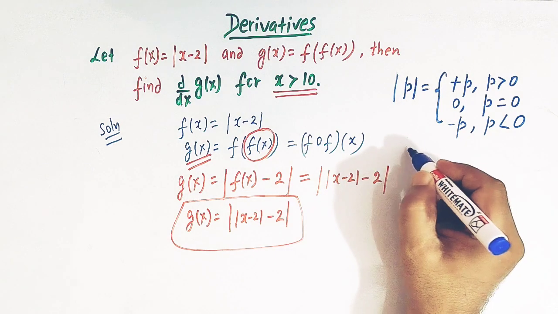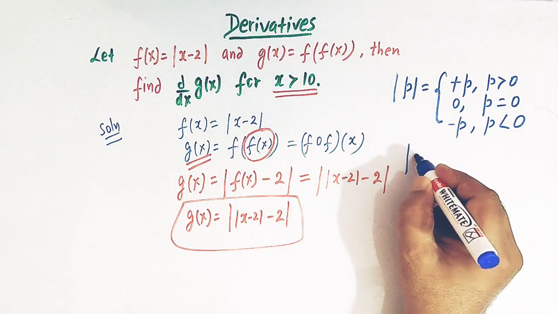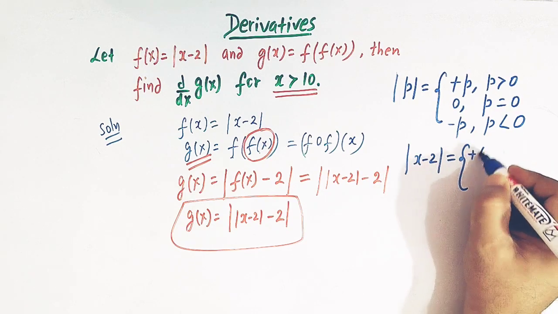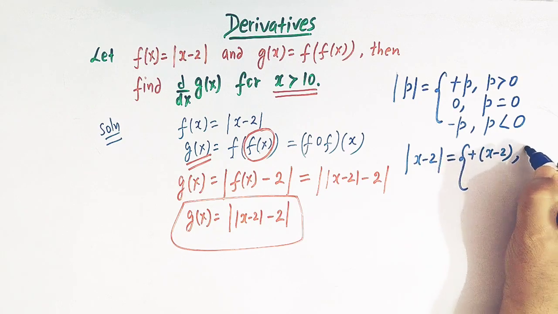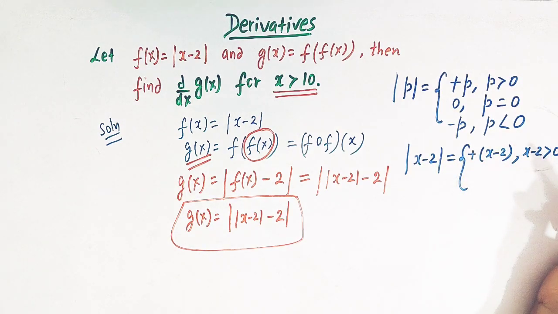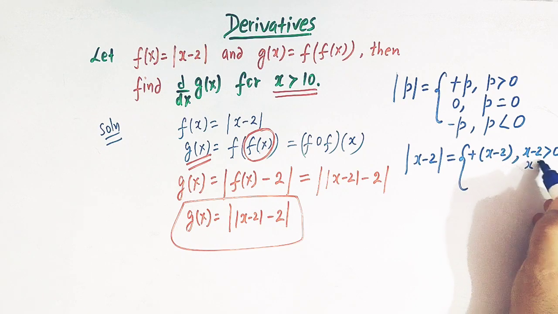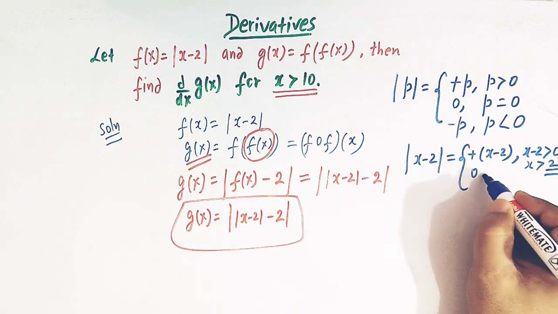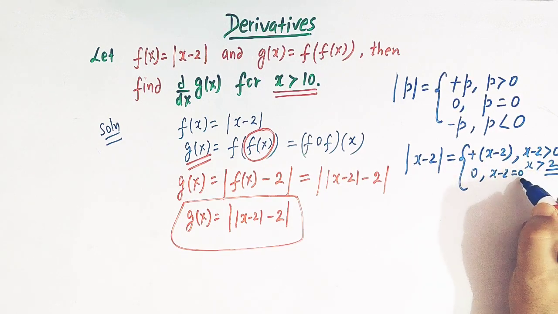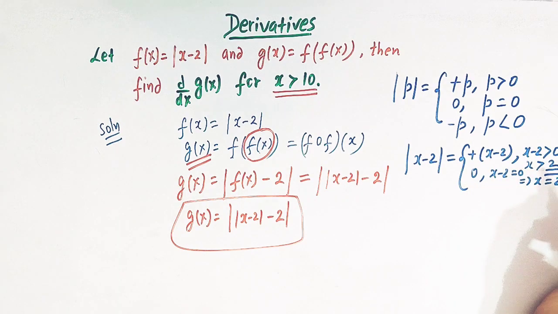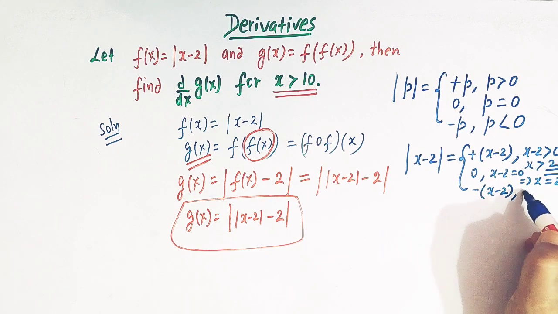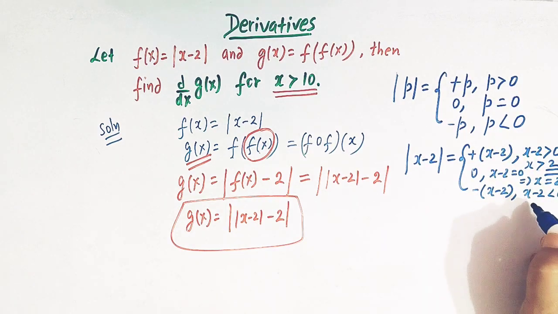Now see, here we have this mod of x minus 2, right? So mod of x minus 2 takes the value positive x minus 2 whenever x minus 2 is greater than 0, right? It means when x is greater than 2, right? And mod of x minus 2 is 0 whenever x minus 2 is equal to 0. It means x is equal to 2, right? And mod of x minus 2 is negative of x minus 2 whenever x minus 2 is less than 0. It means when x is less than 2, right?